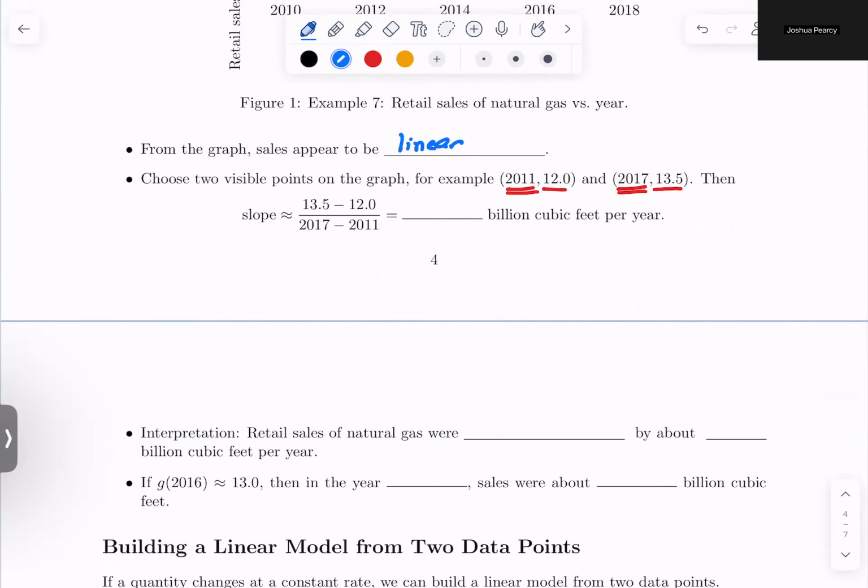And if you actually calculate this, this is 1.5 in the numerator divided by 6. This is 0.25 billion cubic feet per year.